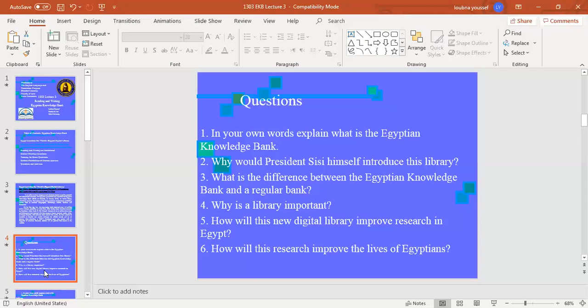Of course, this means that this is a cause, all right, the library and the research in the library and the training to read this research will lead to the improvement of the life of the Egyptians in every field. So cause and effect.